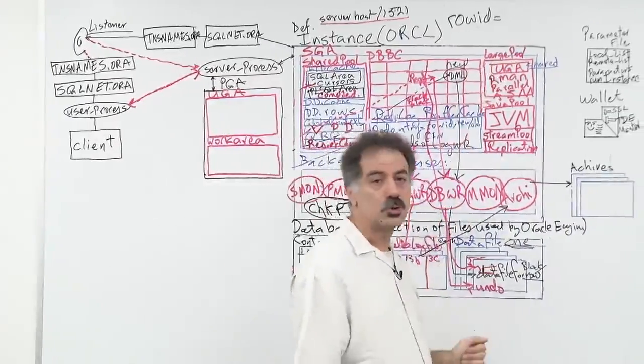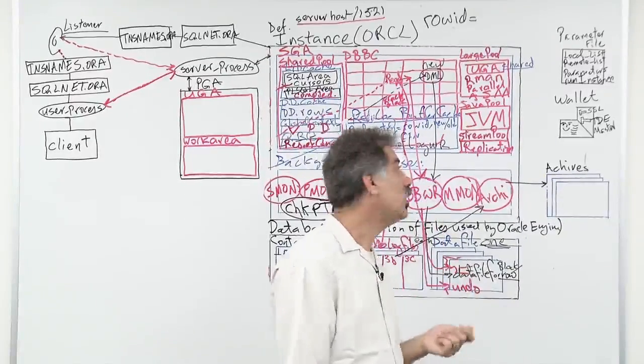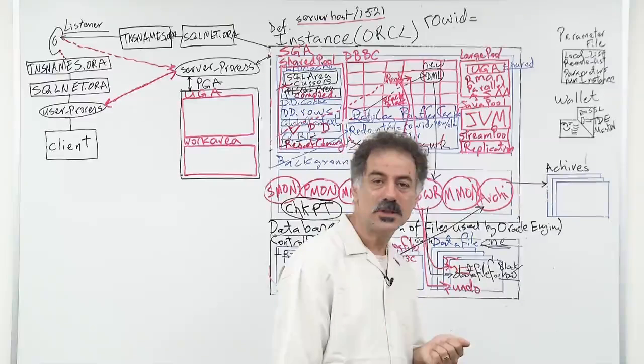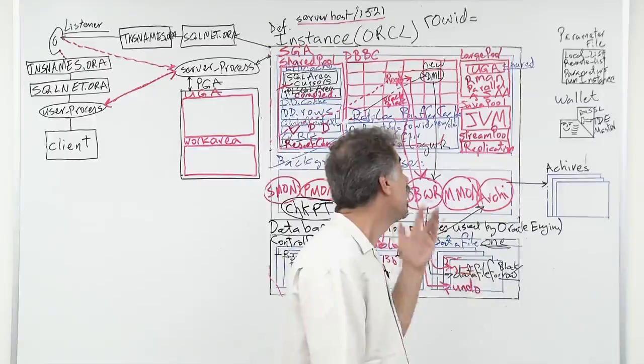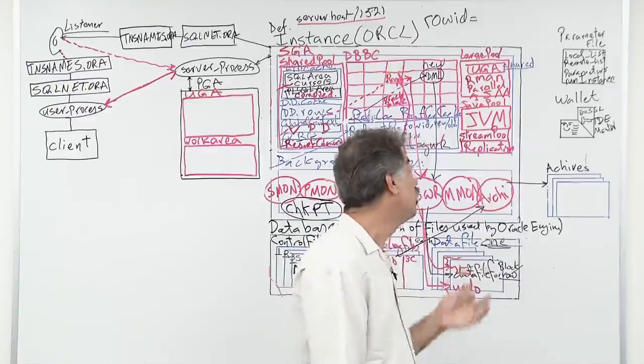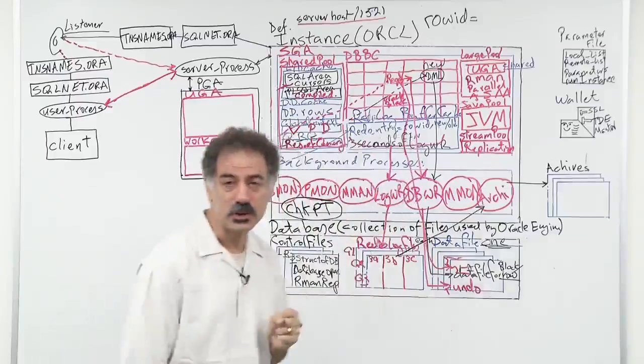Then our large pool used for some database operations like the recovery manager, like parallel processing, communicating to the storage management instance, the ASM, and for the shared server managing the user global area. The Java pool for the JVMs and the streams pool for the streams application.